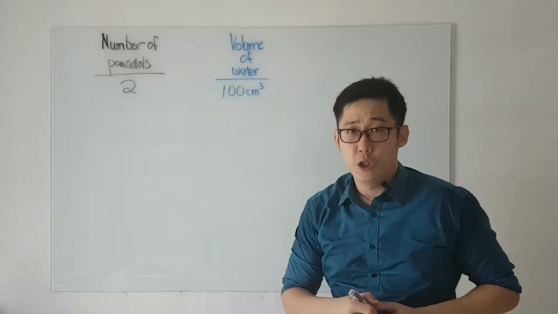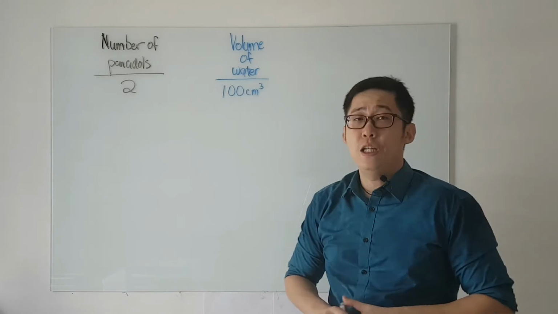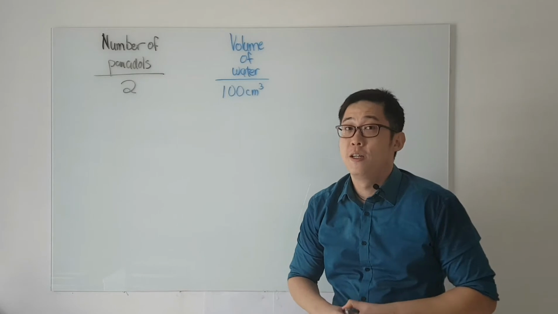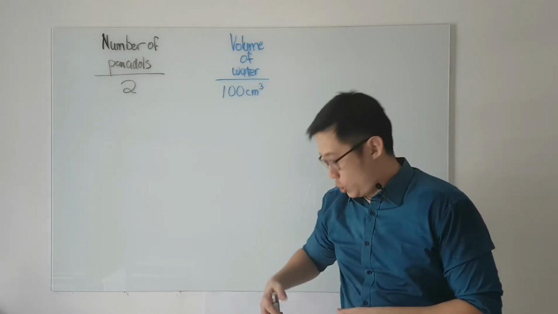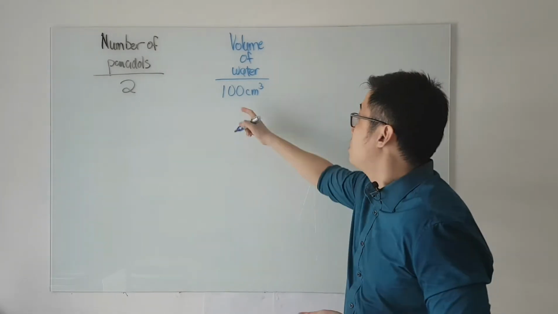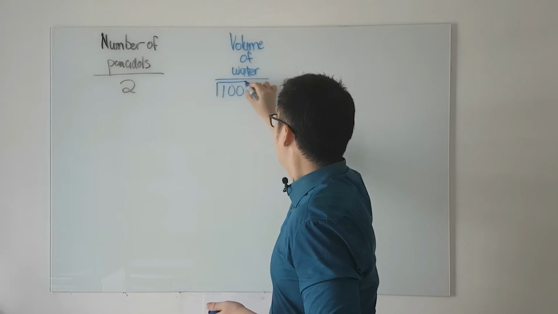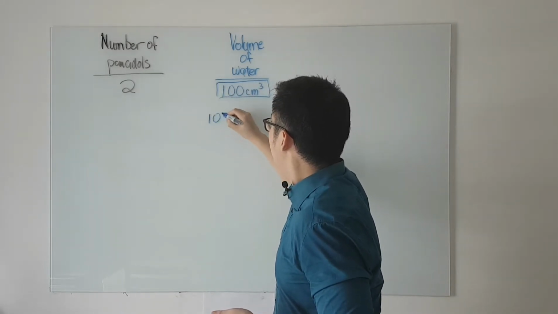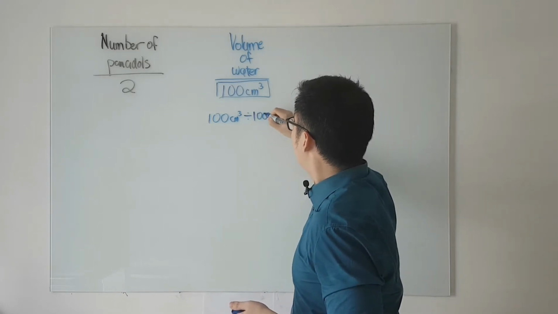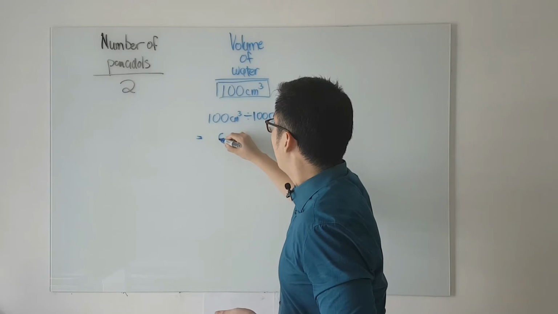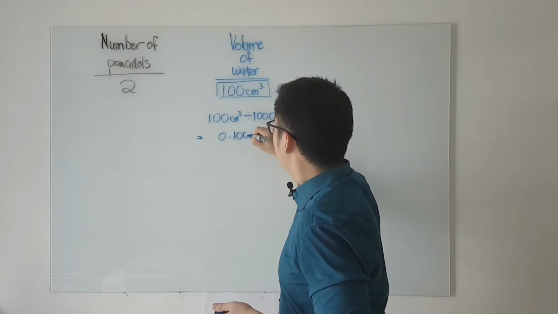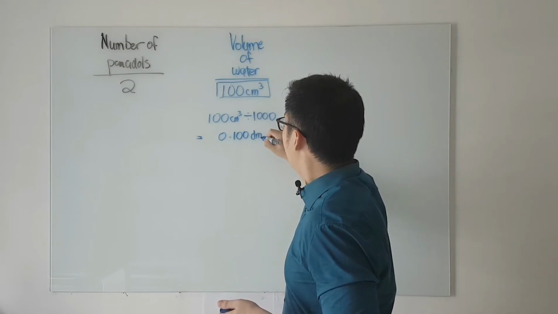Next, if I were to put this into concentration terms, the first thing I need to do, in the context of your syllabus, is that the volume needs to be converted to dm cube. In order to convert 100 cm cube into dm cube, all I need to do is take 100 cm cube and divide it by 1000, and that would give me a value of 0.1 dm cube.